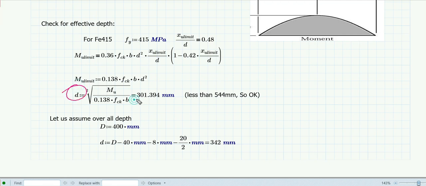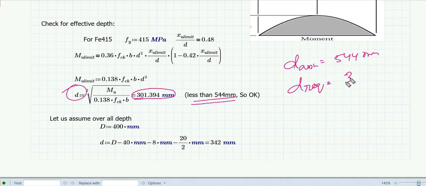D is found out to be 301.394 mm. Now you can see that it is less than 544. We have assumed the effective depth is 544 mm, and D required is 301.39 mm.